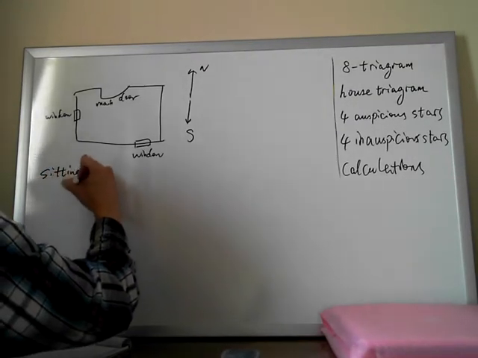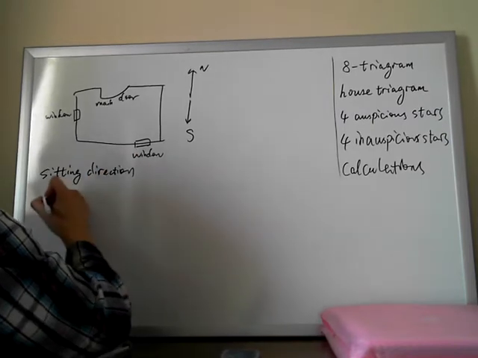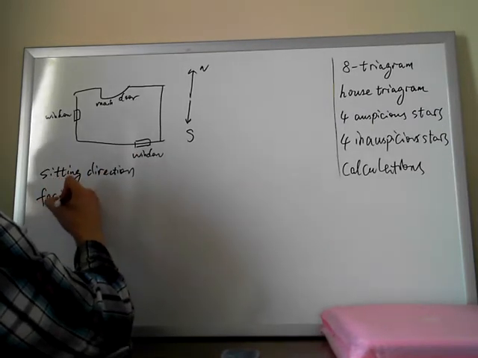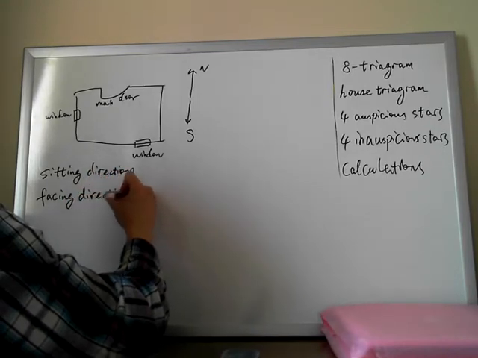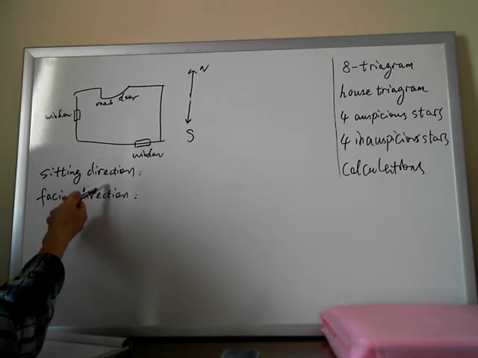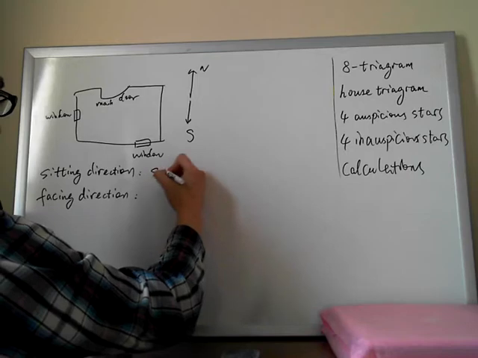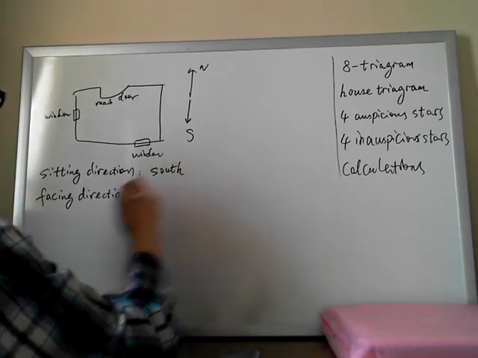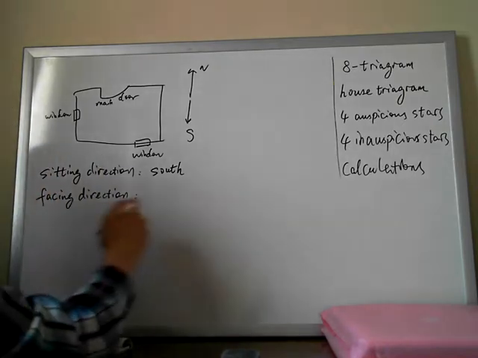So in feng shui, there is a sitting direction, and there is a facing direction. And for this house, the sitting direction is south, and the facing direction of this house is north.